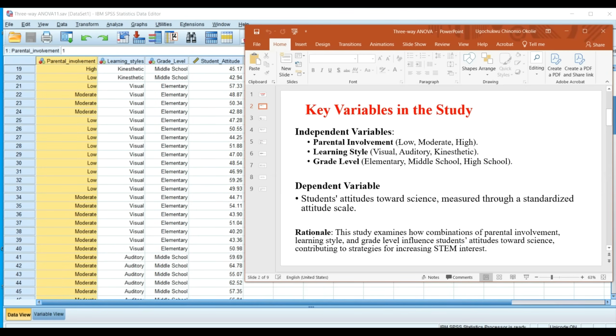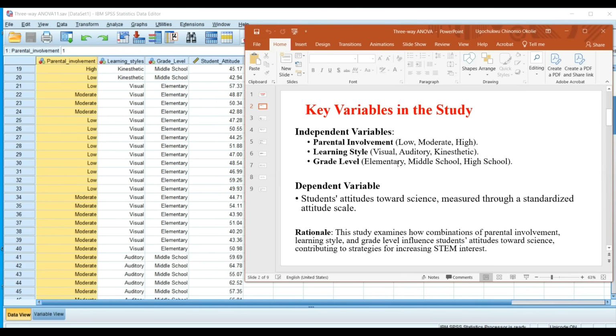So if you look at the SPSS file that I already have here, you will see that the independent variables, that is parental involvement, learning style, and grade level, are in three different groups: low, moderate, and high. Learning style: visual, auditory, kinesthetic.